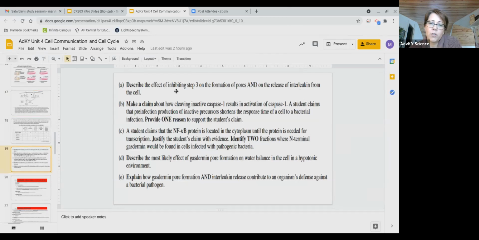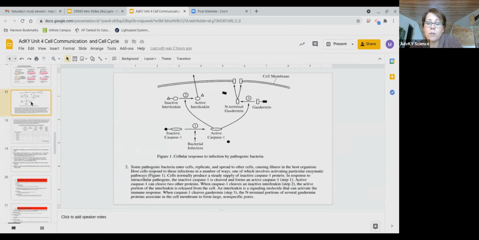So I want you guys to use chat. Describe the effect if we stop step 3 on the formation of pores and on the release of interleukin. So we'll go back to the picture. So what's going to be the effect if we stop step 3? So what's the effect on this pore? What's the effect on the release of interleukin?